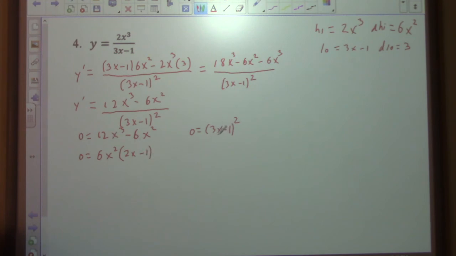And then over here, we're going to have 0 is equal to 3x minus 1. And so x is equal to 1/3. And over here, for this one, we have x is equal to, x is equal to what here?